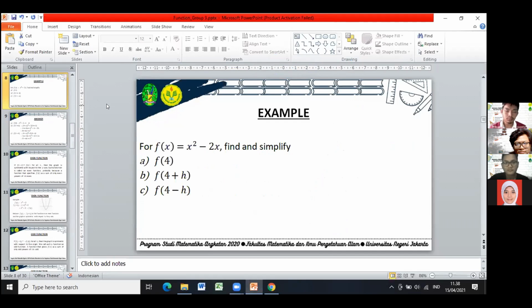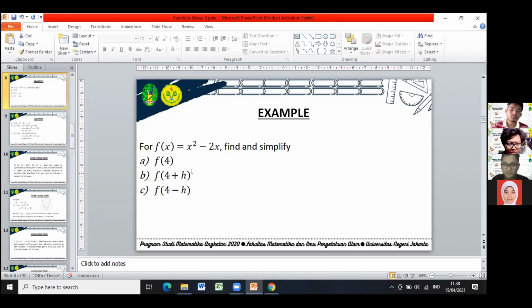And in the question, we have what is the value of f at 4 and what is the value of f at 4 plus h in point C. My question is, what is the relation between the two variables f and h?